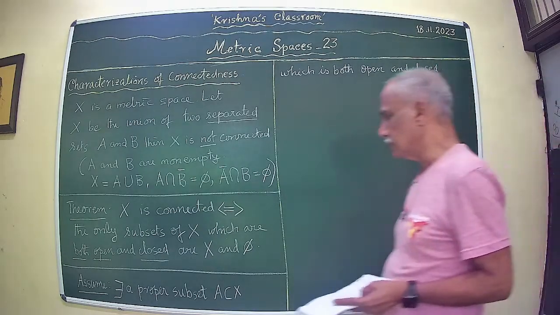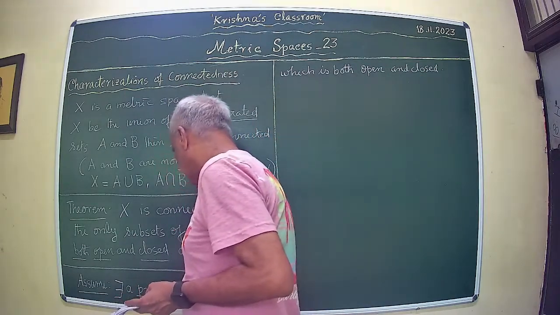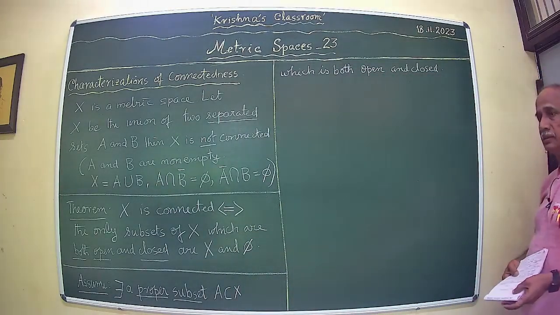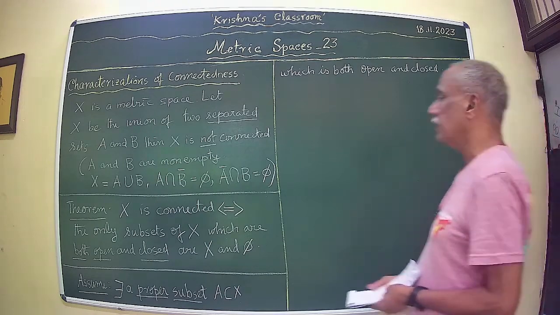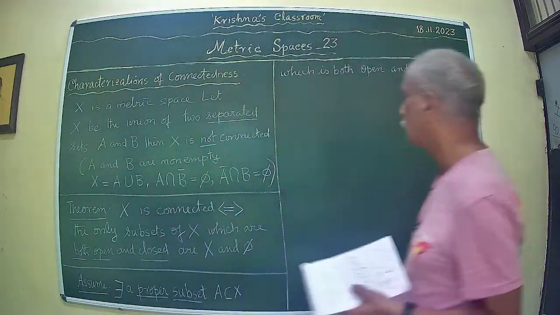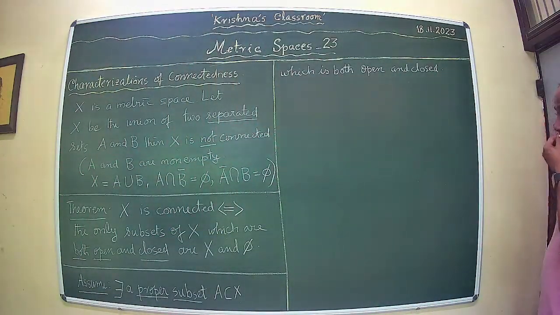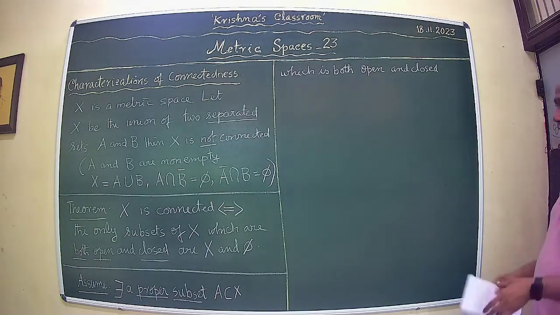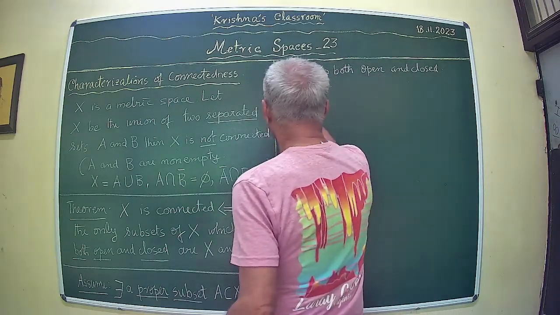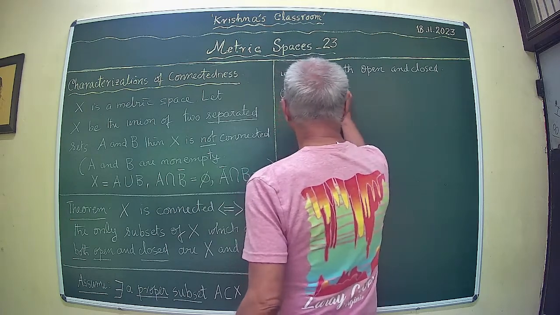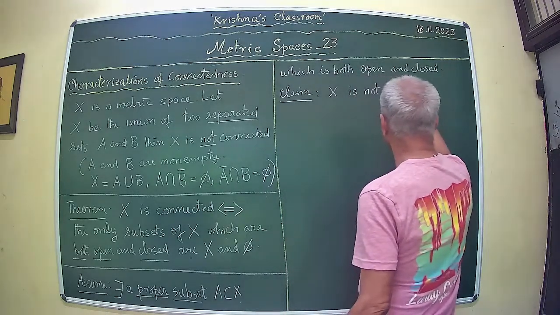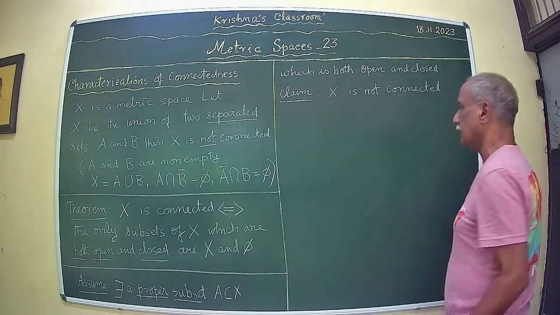So what we are assuming is that there exists a proper subset A contained in X with the property that A is both open and closed. That means we are negating the second statement. Then claim: X is not connected.